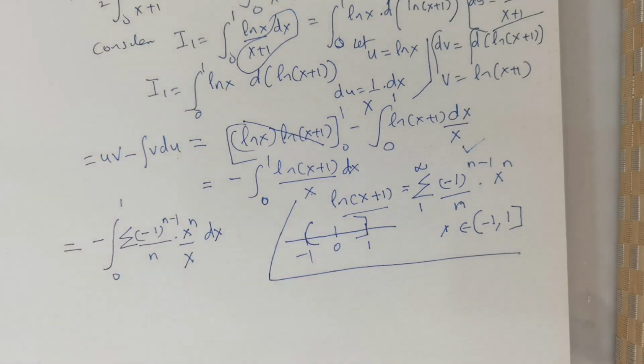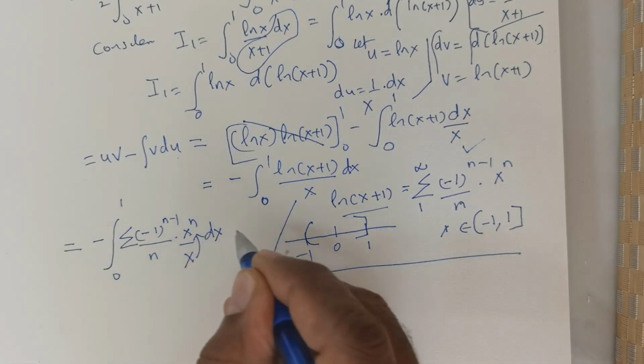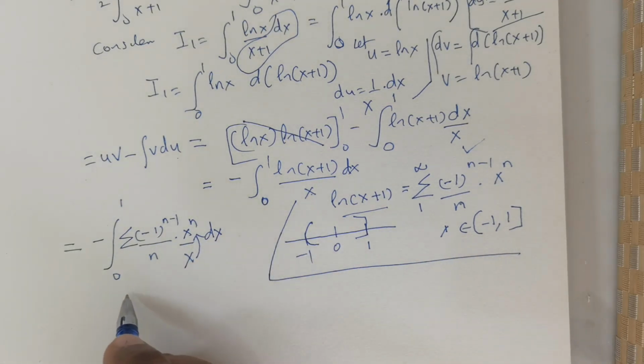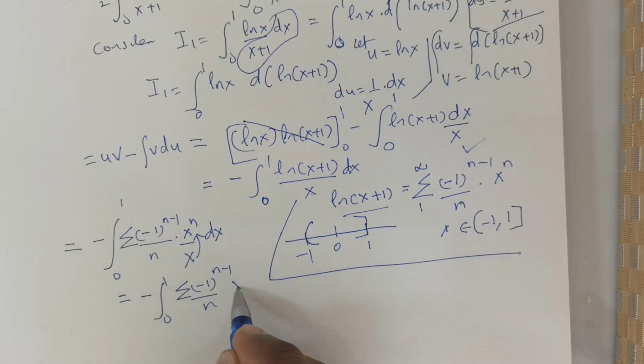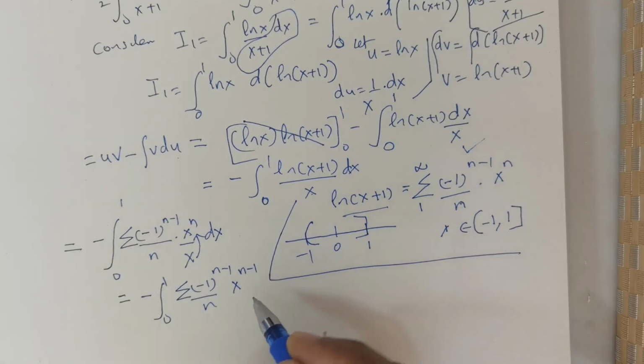Fair enough. Okay, so now you can push this x to the numerator. That would give you negative integral 0 to 1 sigma (-1) raised to the power of n - 1 divided by n times x raised to the power of n - 1 times dx.